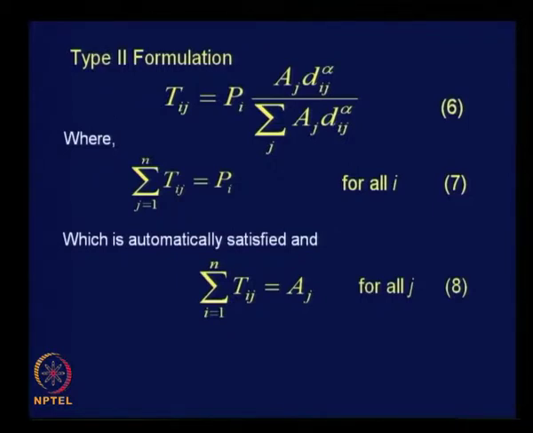Then go about doing the iterative process and finally put these values into the doubly constrained gravity model. The same exercise was done for trial values of alpha. Initially one value of alpha can be assumed and you can complete the iterative process, then assume another value of alpha and so on, and then check which value of alpha gives you a better result.